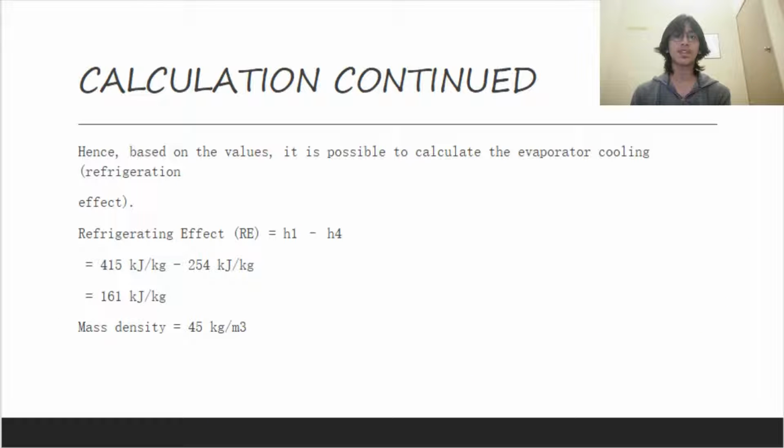Based on the values, it is possible to calculate the evaporator cooling, known as the refrigeration effect. Refrigerating effect RE equals H1 minus H4, which results in 161 kilojoule per kg. Referring to the R134A table, we can get the mass density, which is 45 kg per meter cubed.